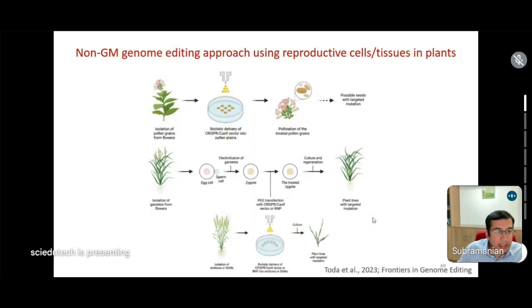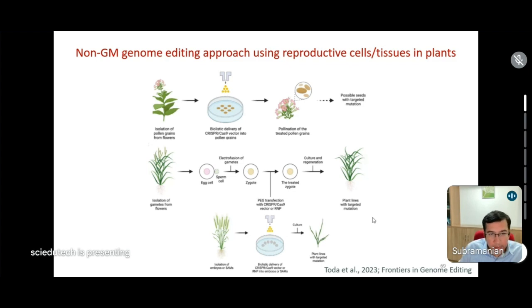Next slide. So again, you can use a ballistic approach to deliver genes into pollen grains as well, and then pollinate to get the seeds with your targeted mutation.